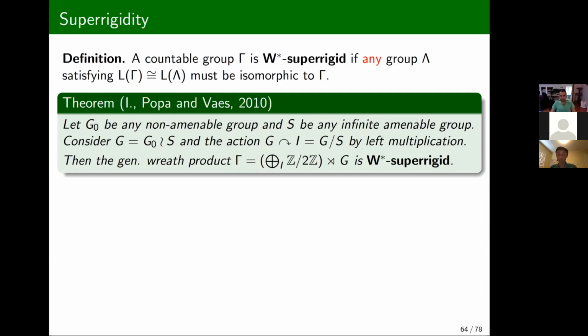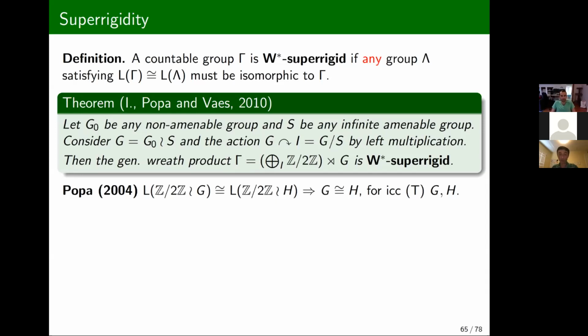So it's a fairly complicated construction, and there's a reason why it's this complicated. So for plain wreath product groups, Popa had proved earlier that you have the following rigidity theorem.